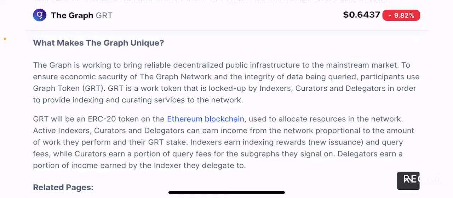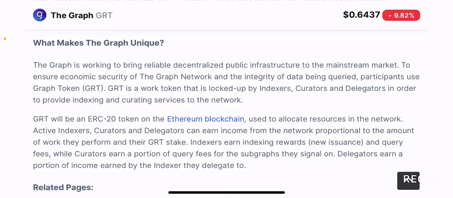And one of the other main use cases is that the GRT token itself needs to be locked by indexers, curators, and delegators in order to provide indexing and curating services within the network, right? So you need to have the Graph tokens in order to perform these functions.